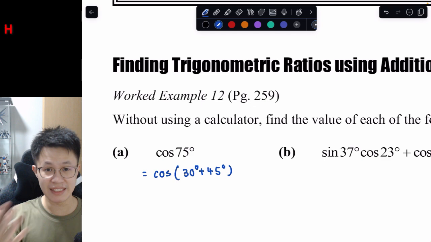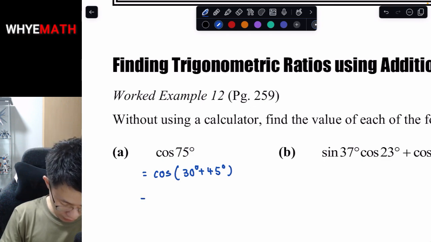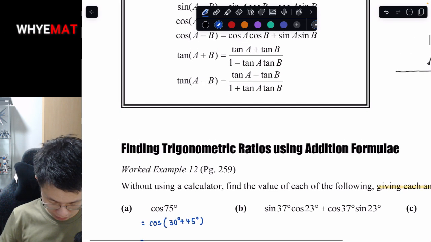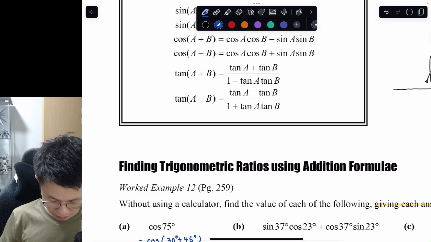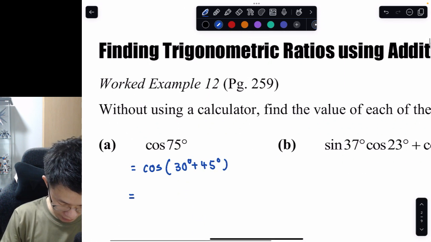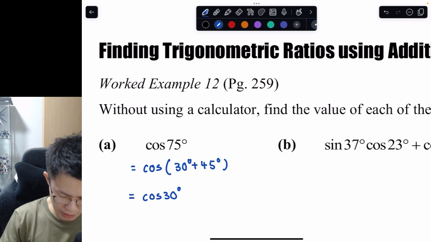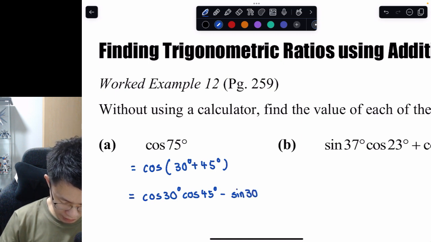Those are easy ones. So right here, I'm going to apply the addition formula, which is on top over there. For cosine, it's very different. It will be cosine A, which is in this case cosine 30 degrees, times cosine 45 degrees, and minus sine 30 degrees, sine 45 degrees.